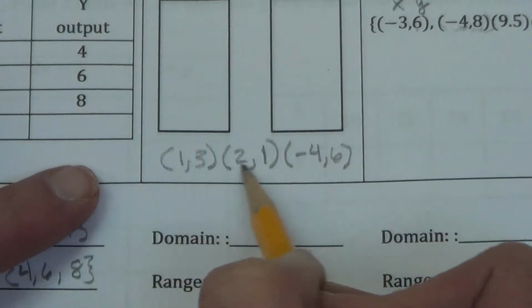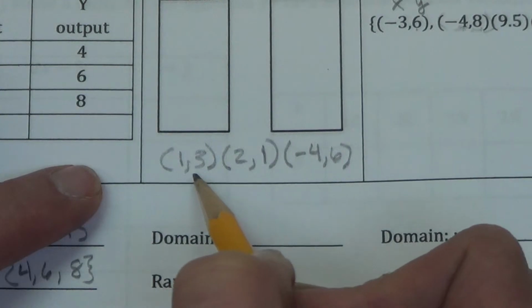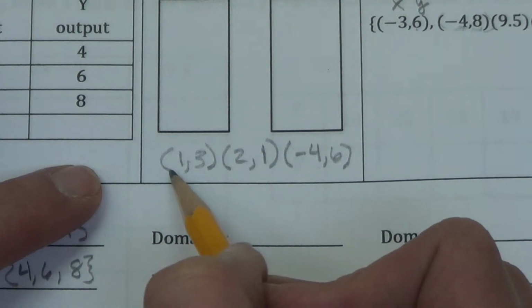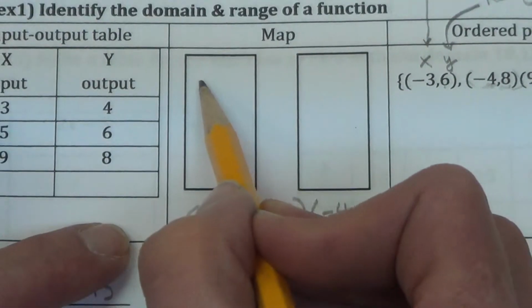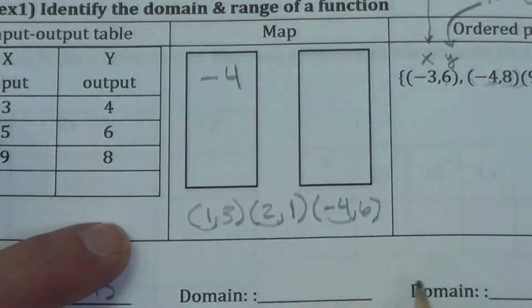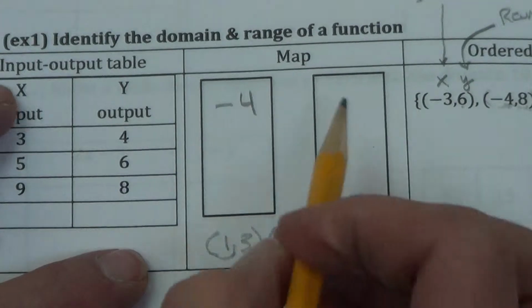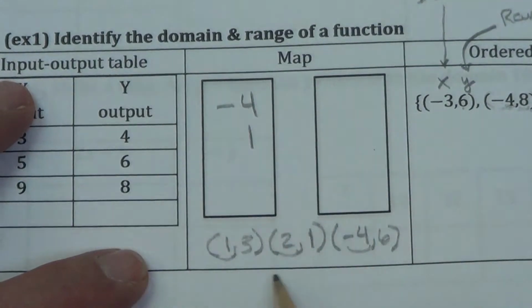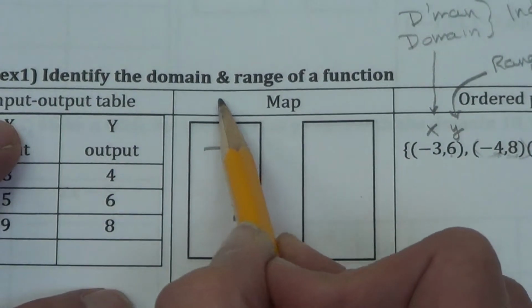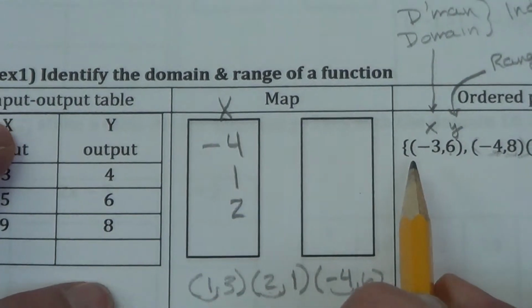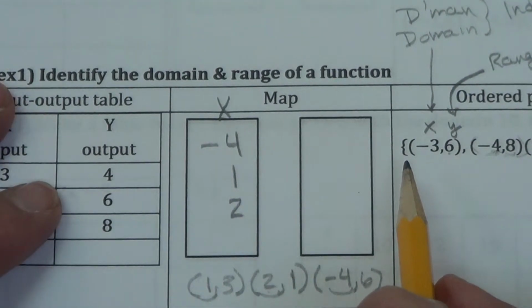You would take the least of the domains first. Now the domain's only the leader, and that would be the -4. You take the next biggest domain, that would be 1. The next biggest would be 2. That's your x. X is usually always put on the left-hand side.